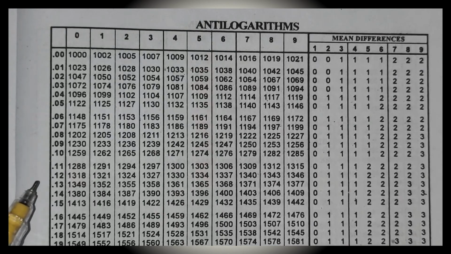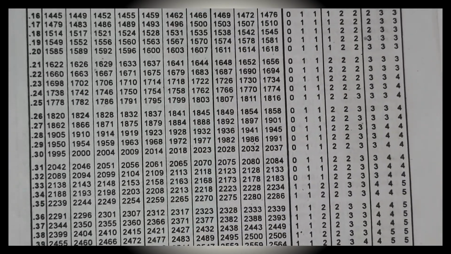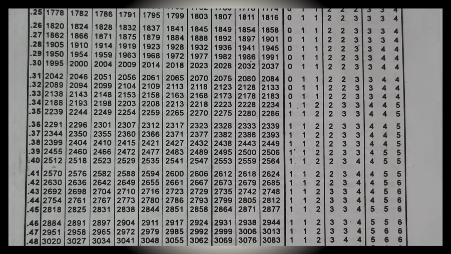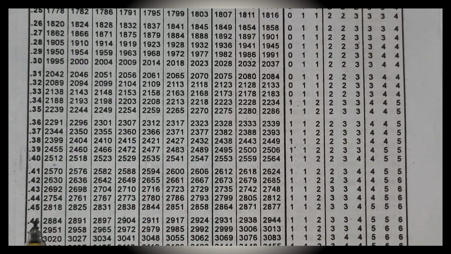So we have to go up to 0.46, go down, and here comes the 0.46. Then next digit is 4, so it is in the column heading 4. So 0.46, this is 0, 1, 2, 3, 4. That means our required number is 2911.